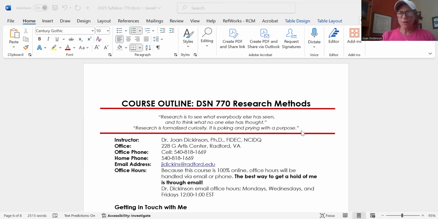Then we're going to move on to what is called the IRB process, or Human Subjects Approval from Radford University. And we will have a whole unit on that particular subject matter. Before you can collect data from human subjects, you do have to get what is called IRB, or Institutional Review Board approval, from either Radford University or from another university.